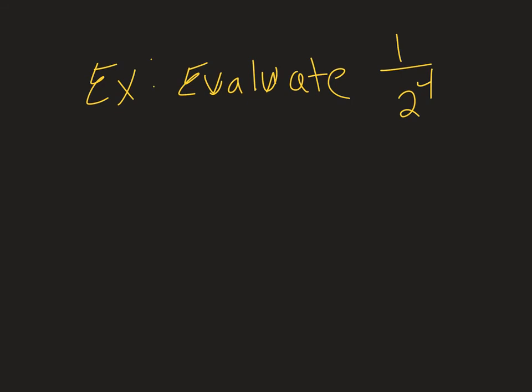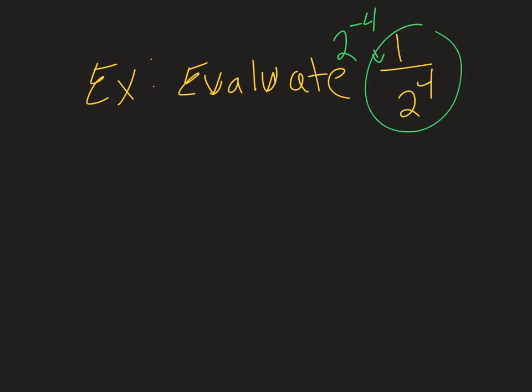Now you might be asking yourself, okay, great, I can rewrite it as a positive exponent. What do I do with it? Let's say we wanted to evaluate 2 to the negative fourth. I can think to myself that would be the same as 1 over 2 to the fourth.